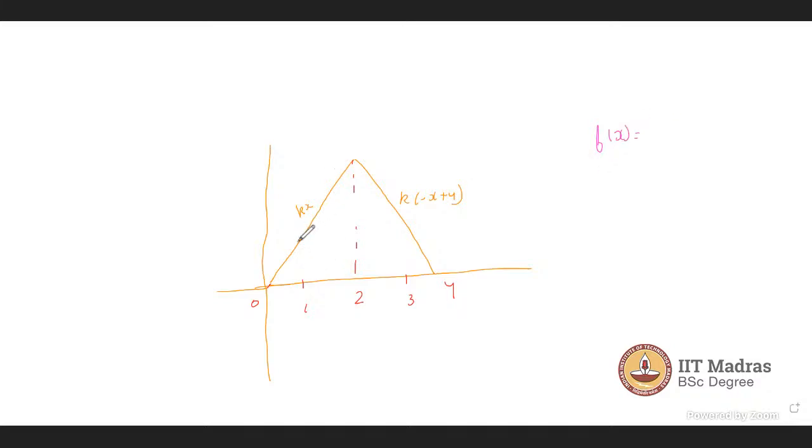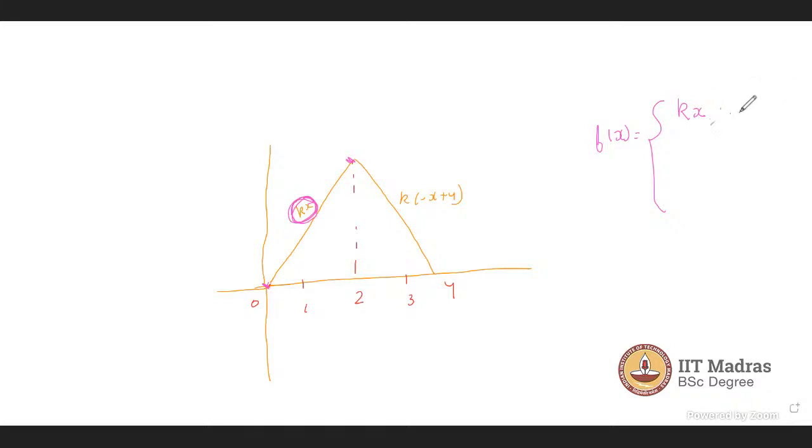Yes, in between 0 and 2, it means the equation of this line. But normally f of x we are taking on the y-axis as values 0, 1, 2, 3, 4, right? That's for PMF. This is PDF. In PDF, it is the equation.